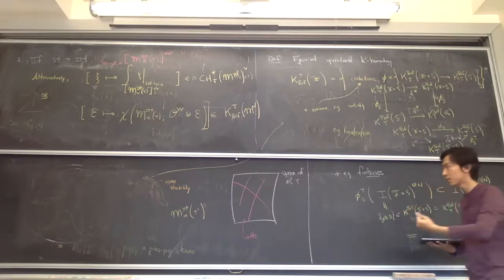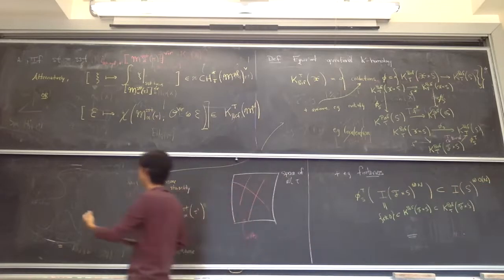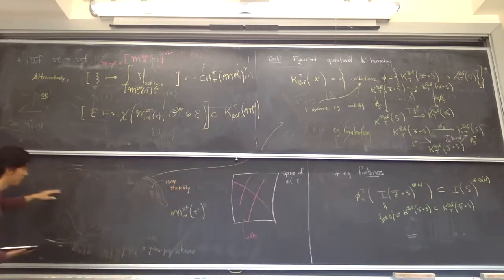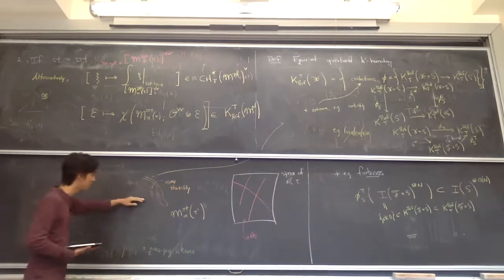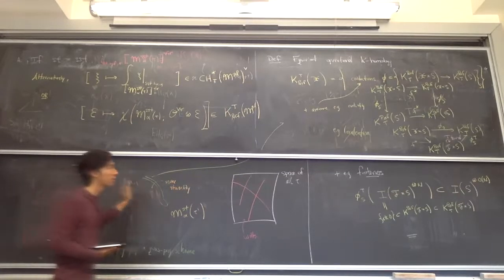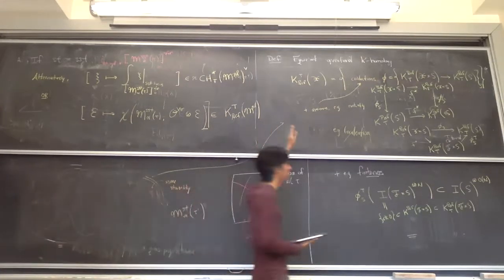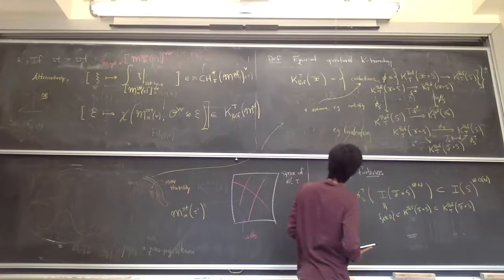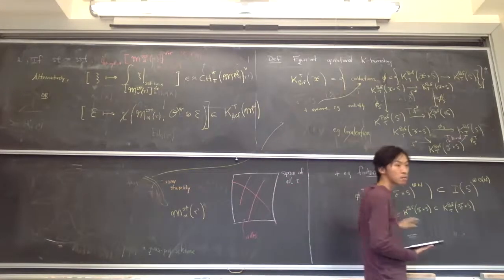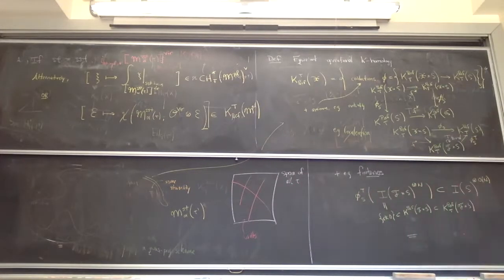And so in particular, you can push forward along this thing which I just erased from the semi-stable locus into the ambient stack. So those kinds of push forwards always exist inside this notion of K-homology. And then if X is like smooth, somehow this coincides with some other notion of K-homology.